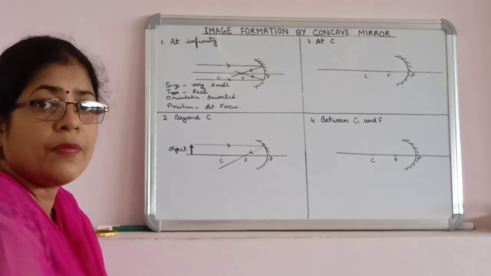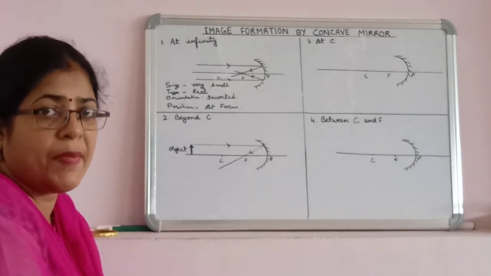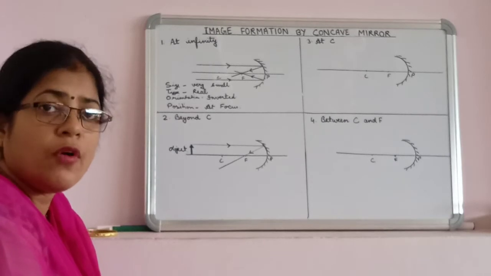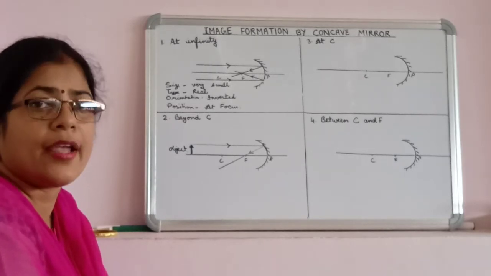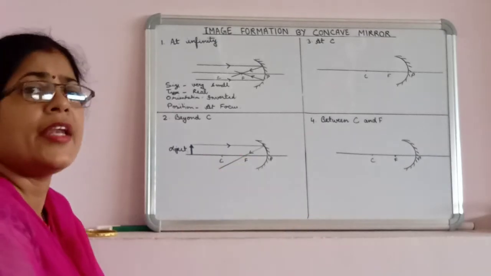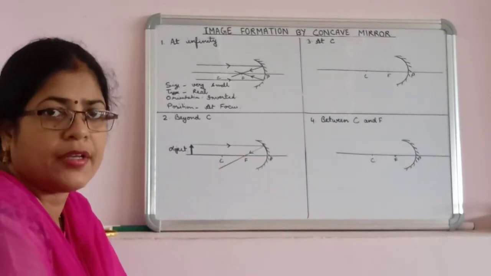But to find out the position of the image, we need to get another reflected ray also. So we need to apply the second special ray. We can apply any one out of the three remaining.